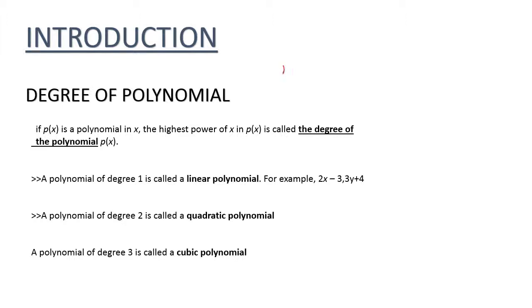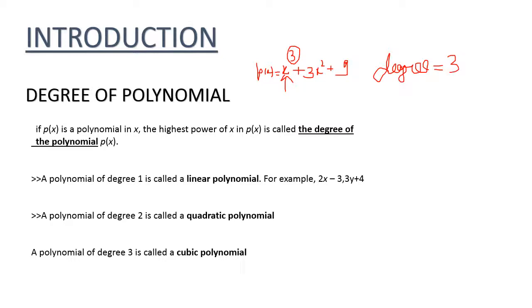Let's say P(x) equals x cube plus 3x square plus 9. What is the degree in this polynomial? The highest power of x is in the x cube term and the power is 3. So the degree of this polynomial becomes 3.